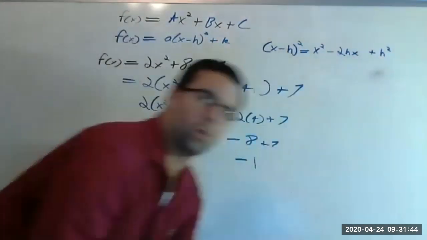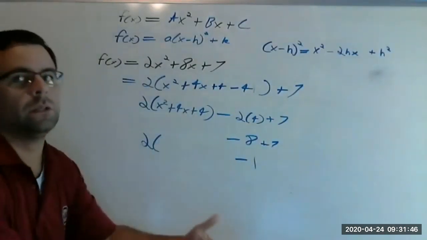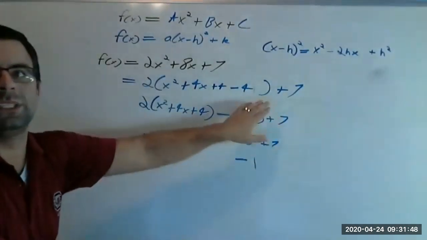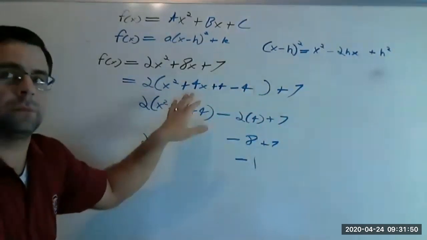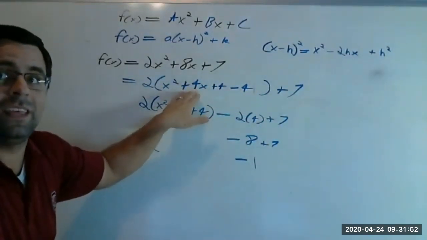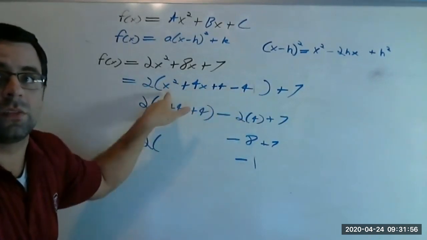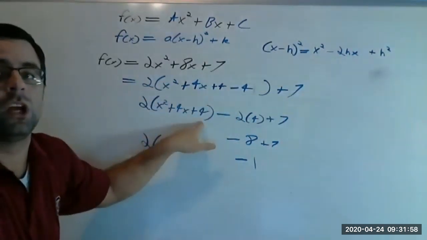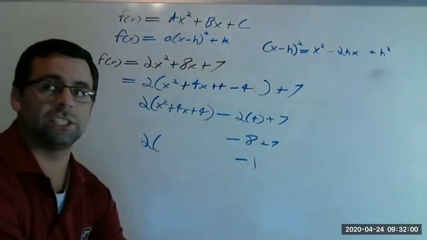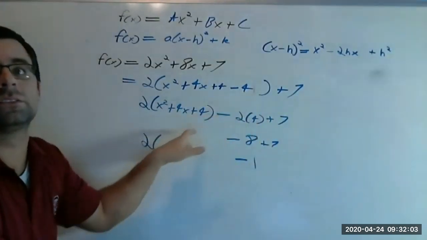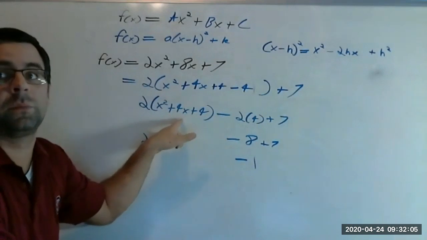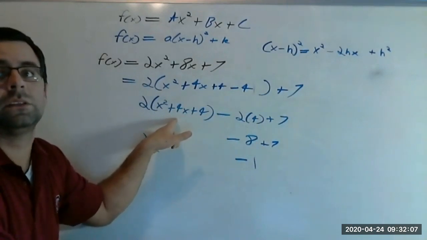And the way we set this up, when we completed the square, we know that this front part will always just become x plus or minus half of this.